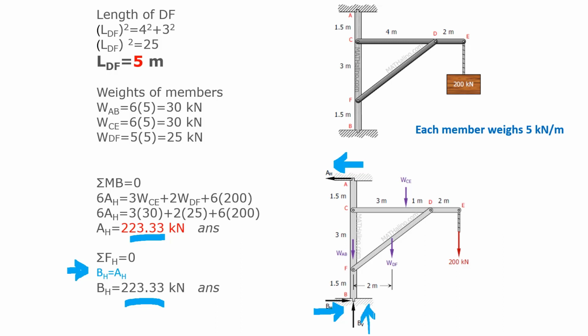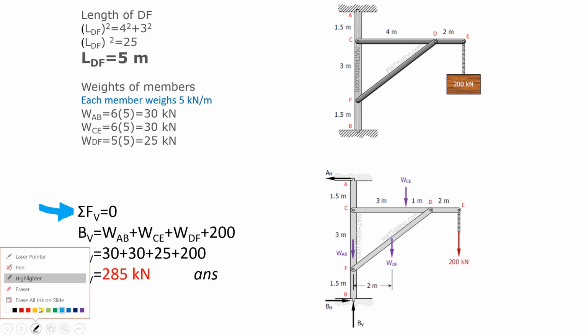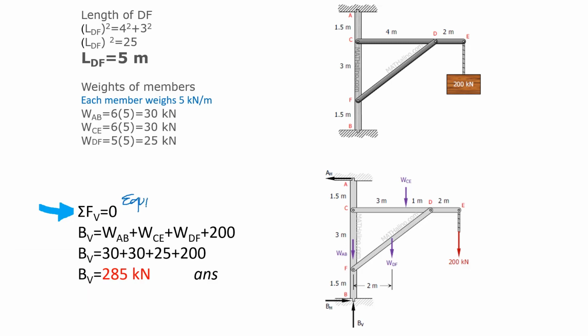So let's find the B vertical by using the other equilibrium formula, which is here. Vertical forces is equal to 0. This is the formula or theory of equilibrium.